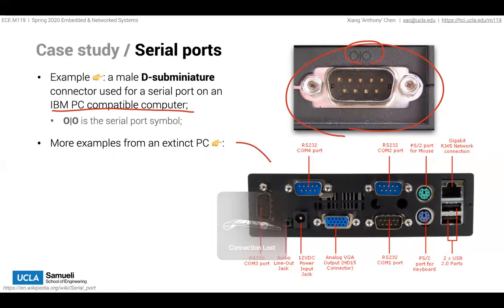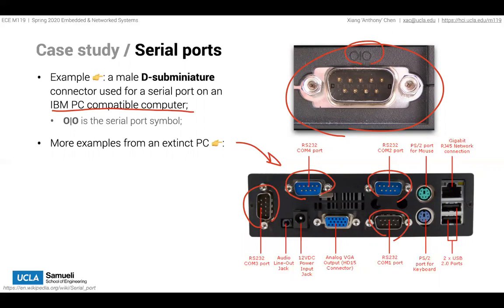There are more examples from what I call extinct PCs, because any PC with these ports must be old enough to not even be functioning properly. A couple of these serial ports we talked about: this one, this one, this one, and this one.